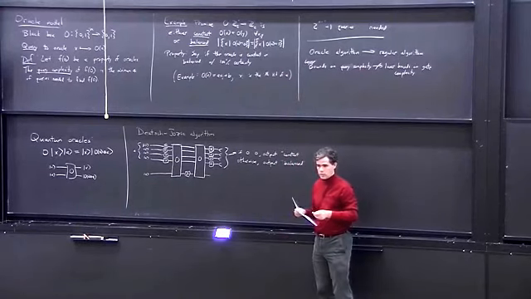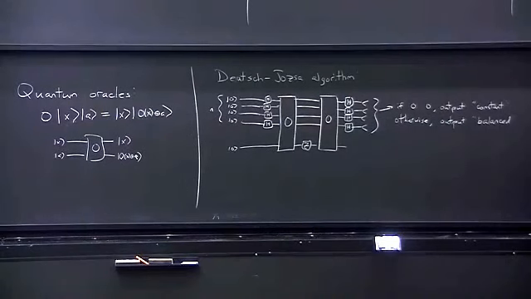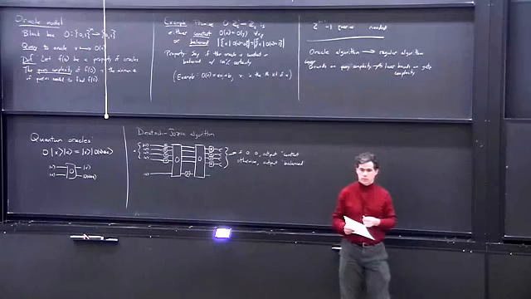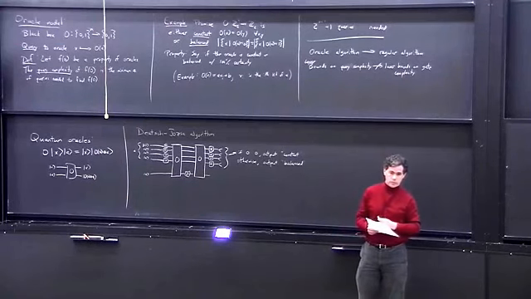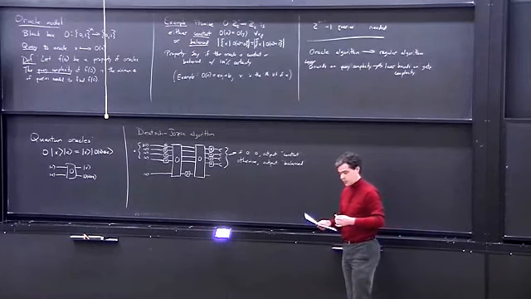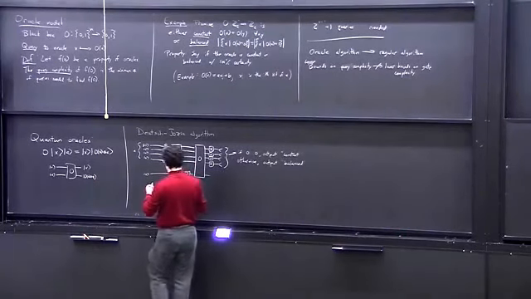Okay? I will explain why the circuit works in a moment, but do you understand the structure of the circuit? Yeah, this is a promise problem. So we know that one of those two things is true.